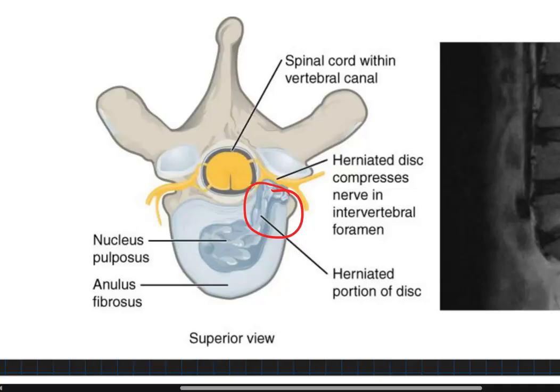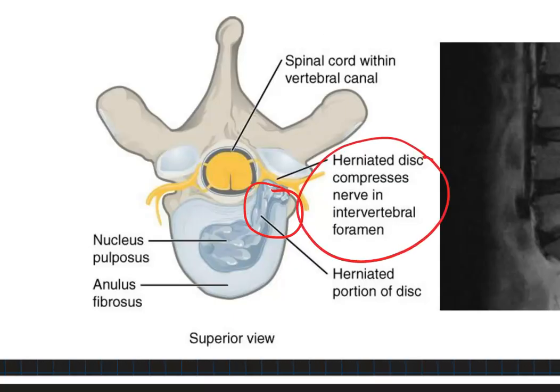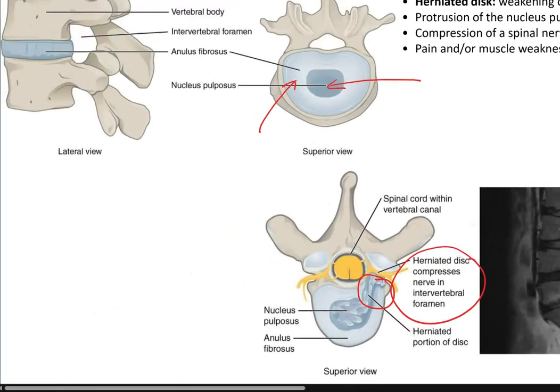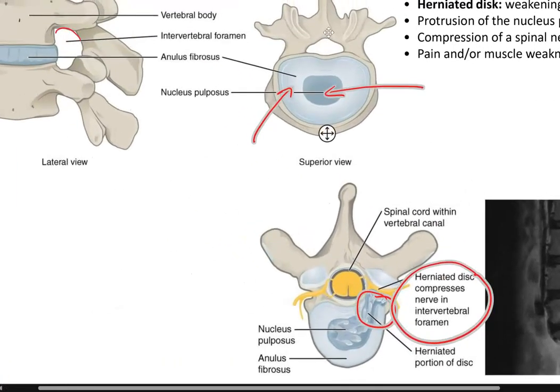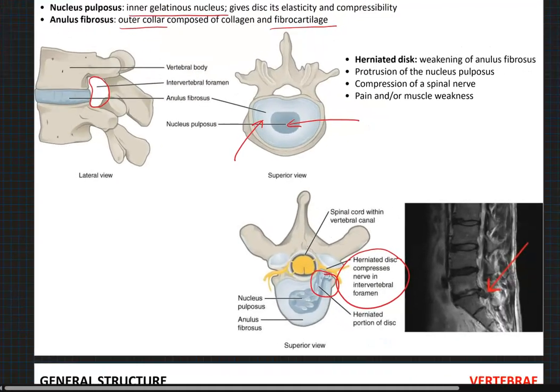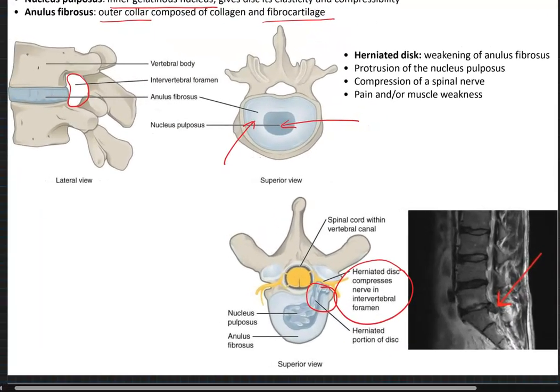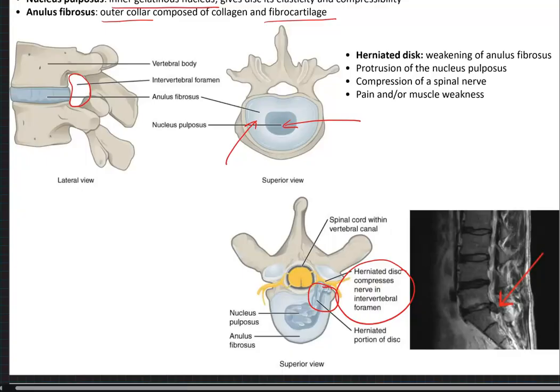For instance, when somebody doesn't lift the weight properly, there's some slipping, and the hernia starts compressing the spinal nerve that goes through the intervertebral foramen. That pressure causes pain and potentially dysfunction of the muscles and sensory component. Okay?